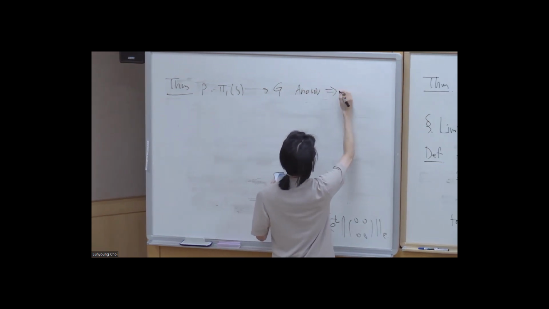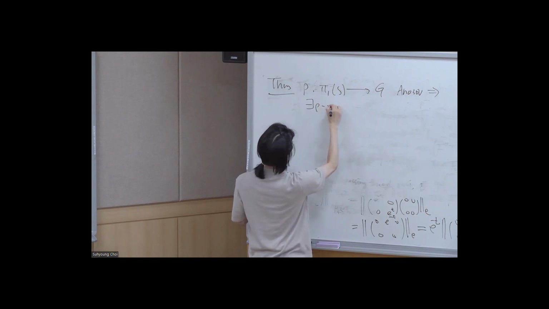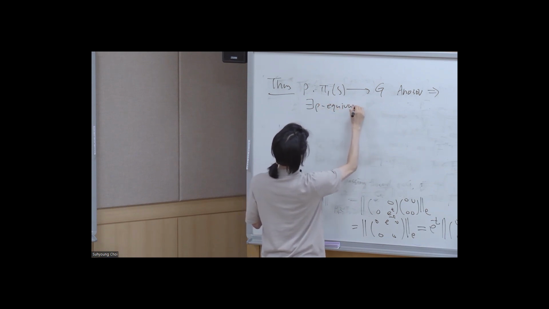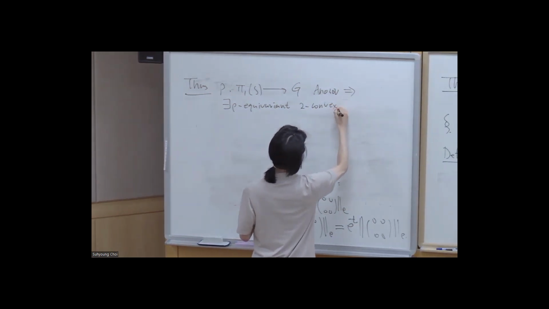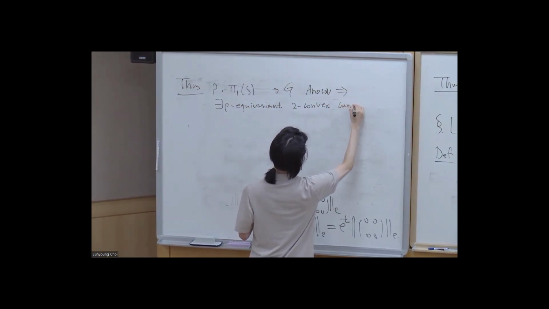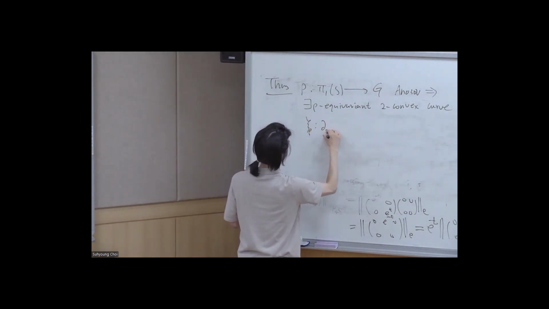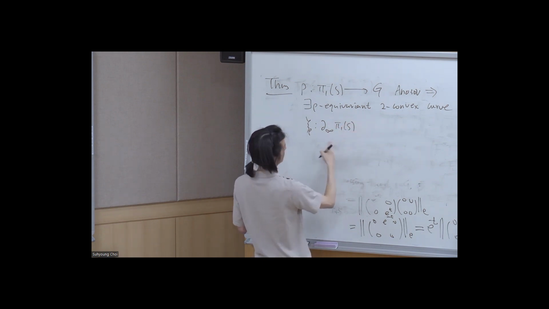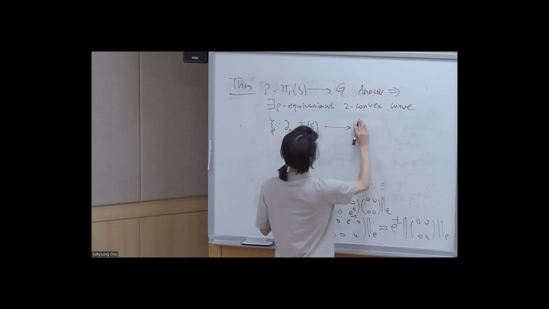Then there exists an equivariant convex curve from the Gromov boundary of your surface. That would be topologically S1, but the target manifold is of course the flag manifold.